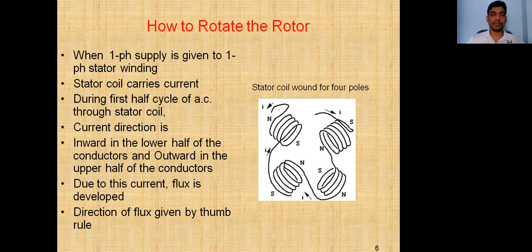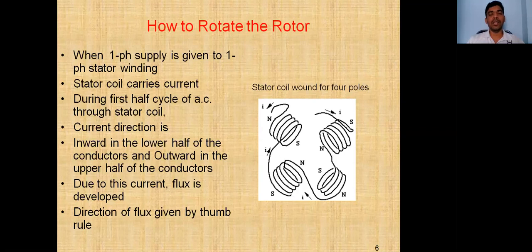When single phase supply is given to the single phase stator winding, the stator coils carry current during the first half cycle of AC. The current direction is inward in the lower half and outward in the upper half of the conductors.